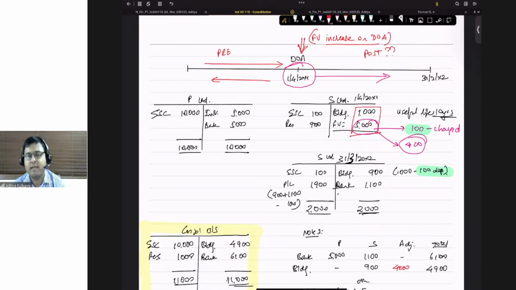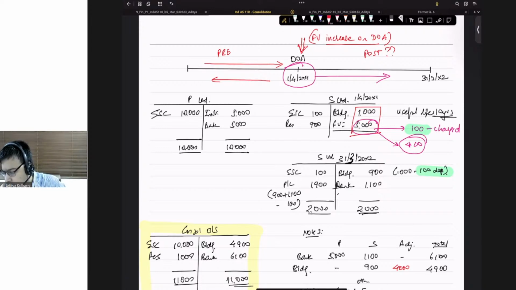But that doesn't mean that fair value increase which I am recording on 1st April x1 has actually happened on 1st April x1. The fair value has increased over the past periods, and that increasing effect we are giving it on the date of acquisition. Is it okay? Why it cannot be post? Yes, all right.